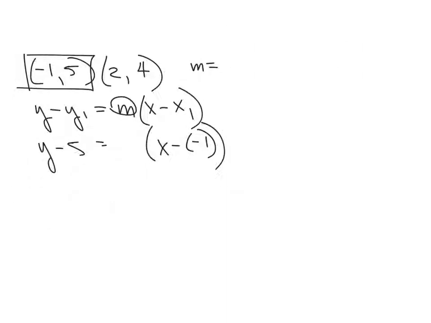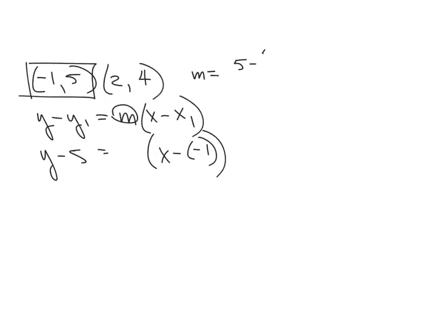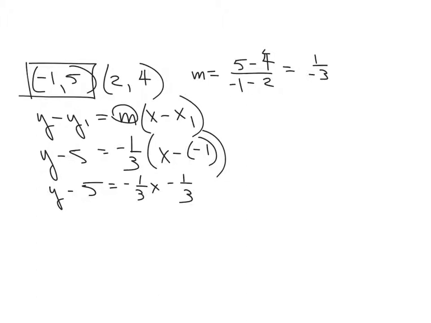Slope equals the difference in my y values, 5 minus 4, over difference in my x values, -1 minus 2, so that gives me 1 over -3, or -1/3. Okay, so we get y minus 5 equals -1/3 x minus 1/3.